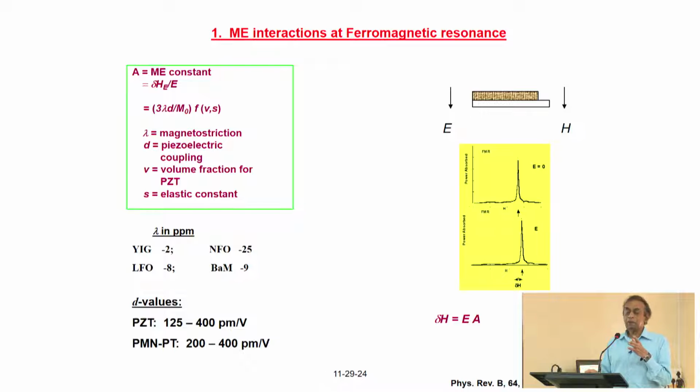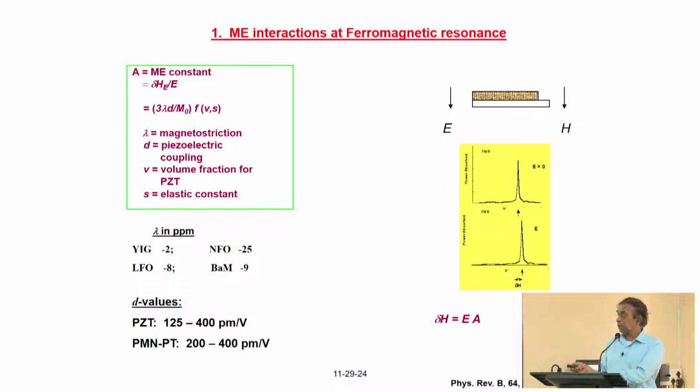The higher the frequency, the higher the field that you need. For 10 gigahertz, you need a field of 3 kilo-oersted. If it is 15 gigahertz, it is much higher, 5 or 6 kilo-oersted. So, the power requirement keeps going up and up as you go up in frequency.